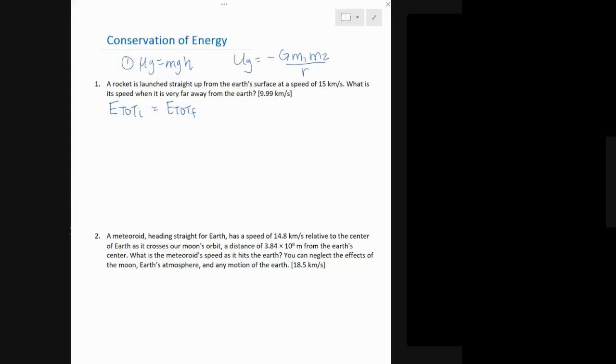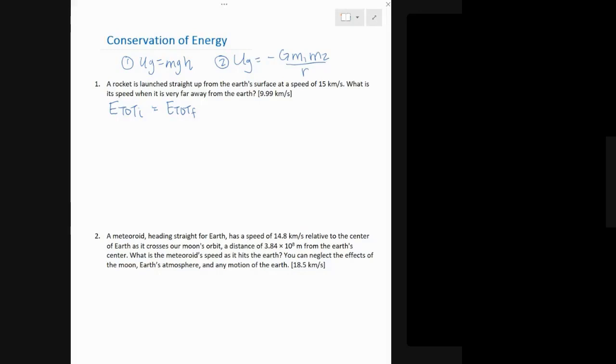But if we're using equation 2, because at some point in the story the object is not close to the surface of the Earth, when is UG 0 in this case? When R is 0? If R is 0, when you divide by 0, do you get 0? Isn't it when R is a really large number? Yeah, good. If R approaches infinity, if R is very big, that's when UG will be 0, because a number divided by a huge number approaches 0.